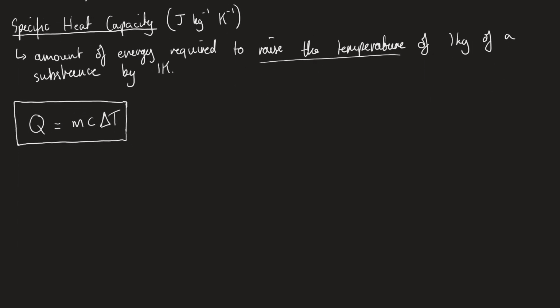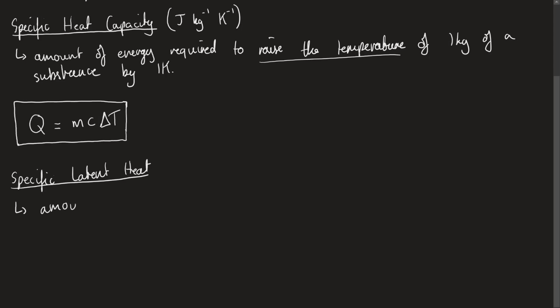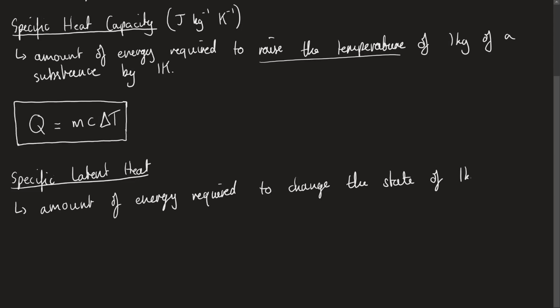So if anything is based off of the specific latent heat, the specific latent heat is defined as the amount of energy required to change the state of 1 kilogram of a substance.